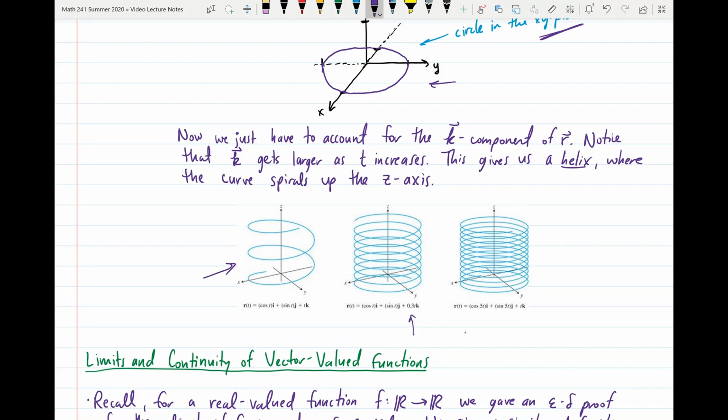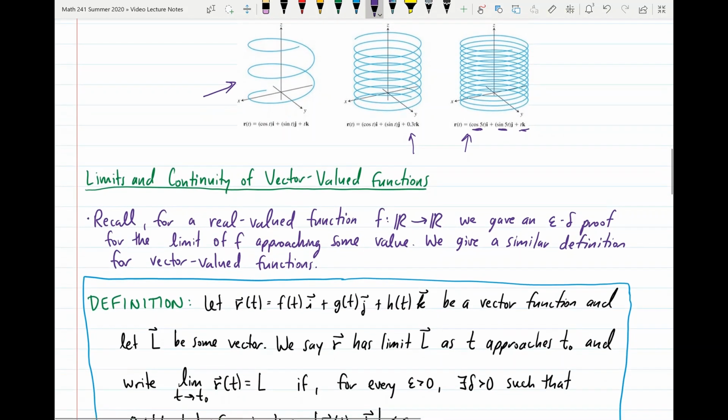And then a similar thing is going on over here. We are decreasing the period of our 2 trig functions, which means that again we're going to go around the z-axis faster, even though this time we're going up the z-axis at the same speed as our original function.